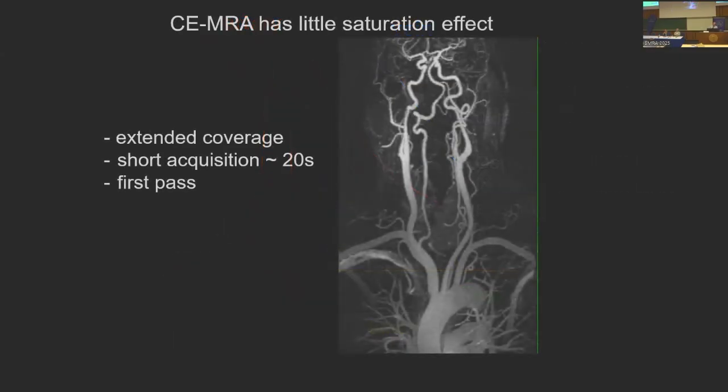So again, as illustrated in this example, contrast enhanced MRA provides the ability to have extended coverage, a short acquisition time, and with first pass imaging, we were able to capture the enhancement of the arterial phase of the contrast passage.